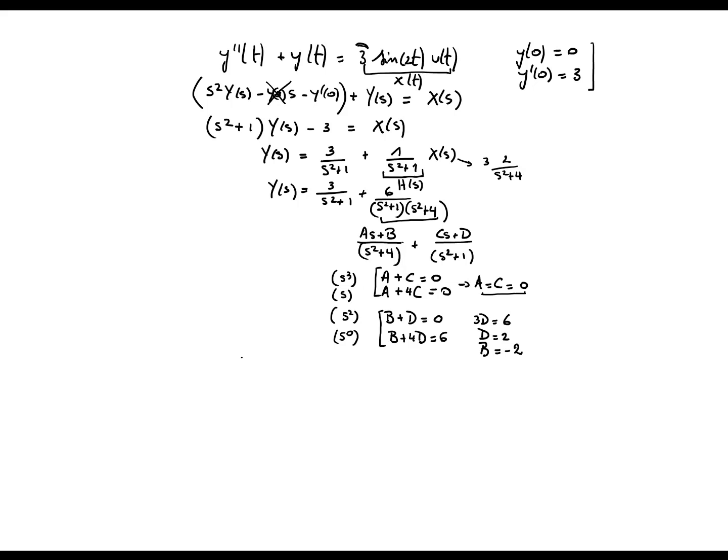So you can rewrite this as 3 over s squared plus 1, and then we have minus 2 over s squared plus 4. And we have 2 over s squared plus 1. So we already have a term over here, so what we'll do is erase this one and put a 5 over here.